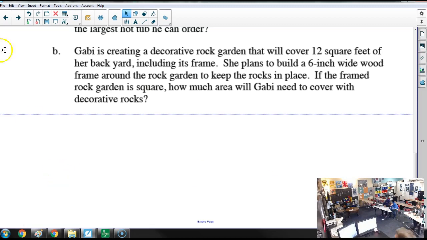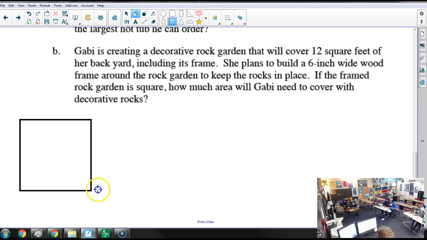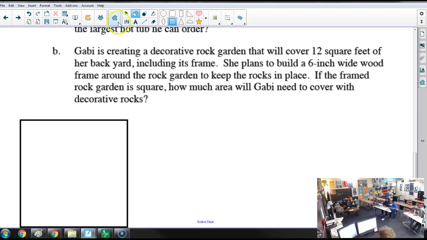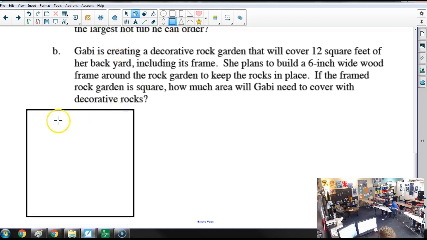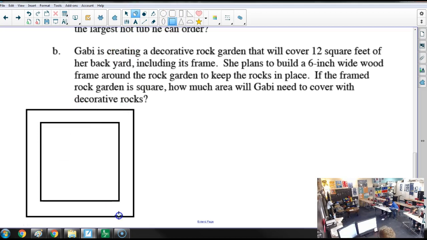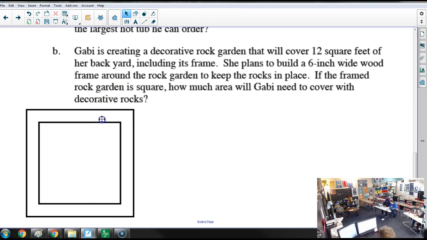Because I know I'm potentially faster at this up here, if you would like for your picture. Here's Gabby's whole space. Right, and then I'll make a smaller square inside of it. That's 6 inches.